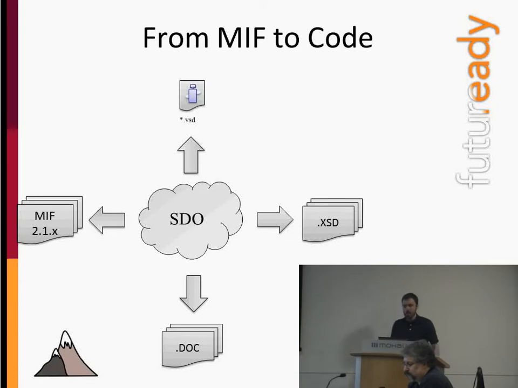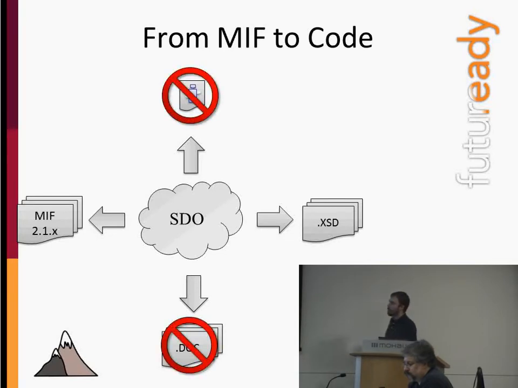And when you're trying to auto-generate code, you realize XSDs and Visio files and documents are great for your neat computer, but not good for computers to read. So we ruled them out, and we focused first on XSDs.